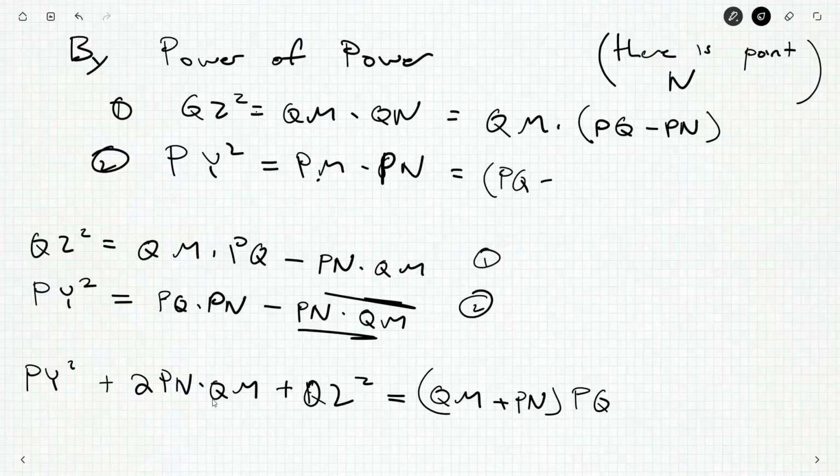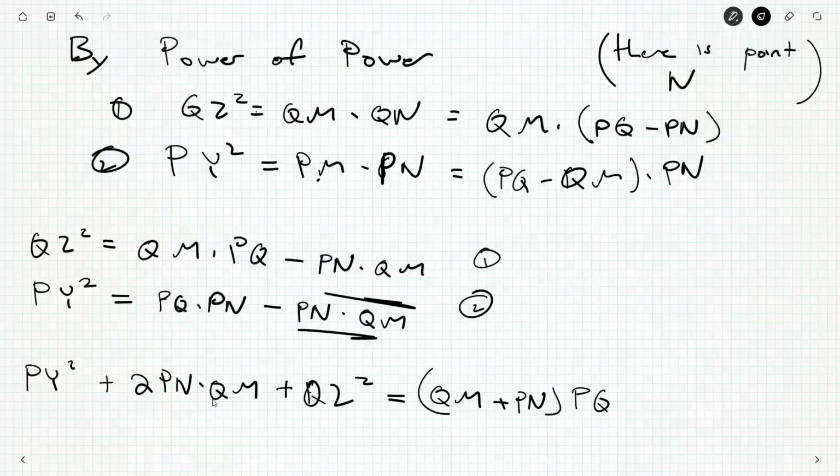In fact, I can't write it all in terms of M because I got this pesky QM sitting around. So we'll make it go back to the way it was. So QM plus PN. Now this is less than PQ in its entirety because M and N split the two.